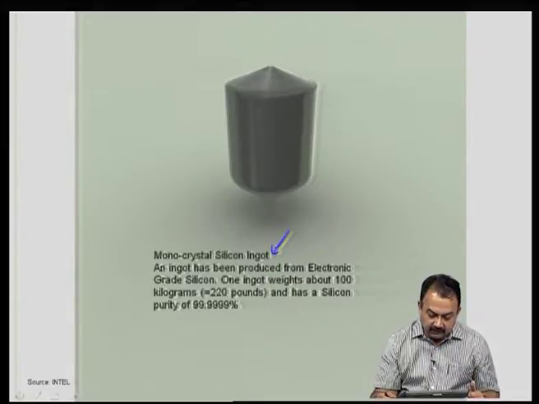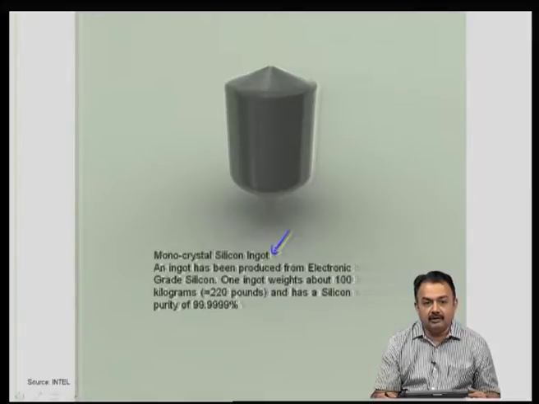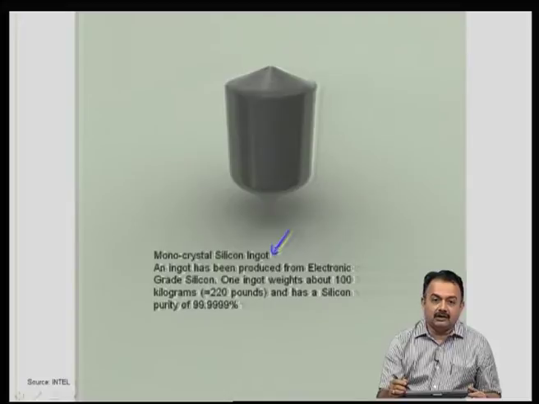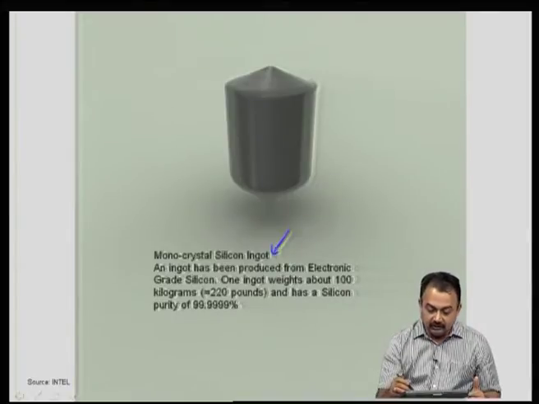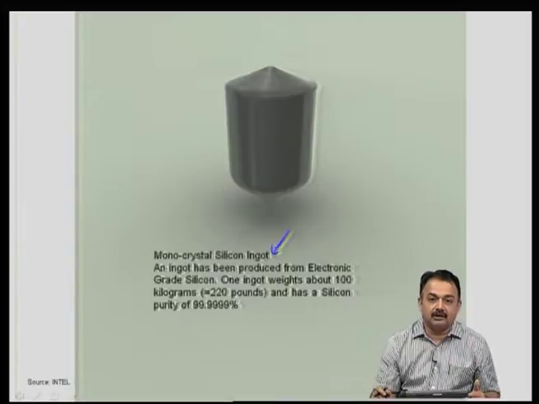Typically one ingot weighs about 100 kilograms and has a silicon purity of 99.99%. In some cases we have seen that these silicon ingots are very huge, as big as 1 meter. So, this is a very heavy block of pure silicon material, which will be the starting point for the wafer fabrication.